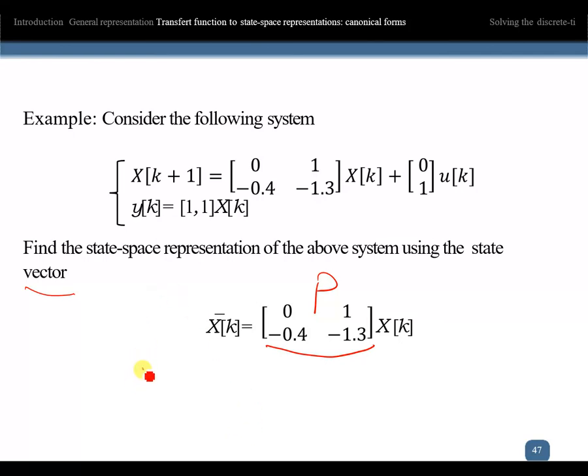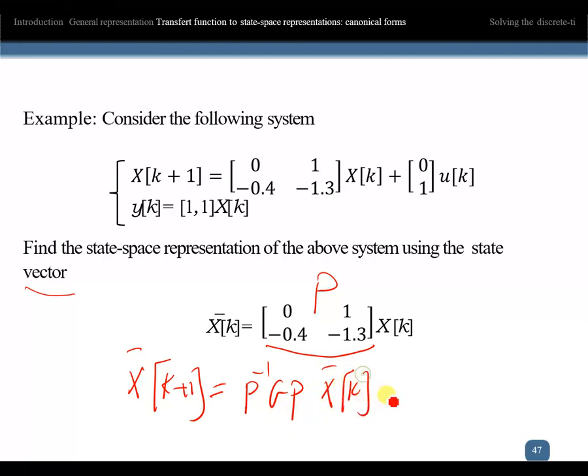They want me to find x hat (k+1) equal to P inverse G P x hat k plus P inverse H uk.